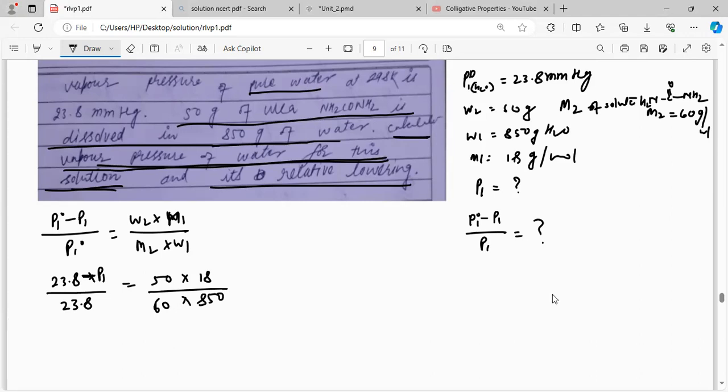23.8 minus P1 upon 23.8 is equal to. Ten is going to cancel out, 10 18. Is this going to be divided somewhere? 1885, no, it is not going to divide.